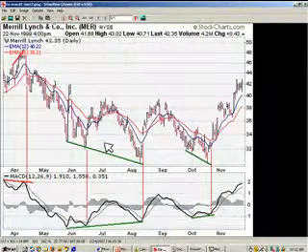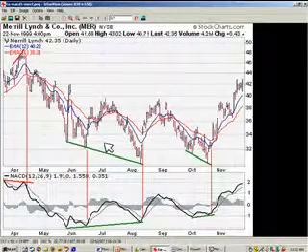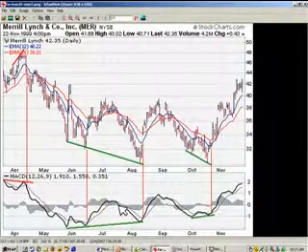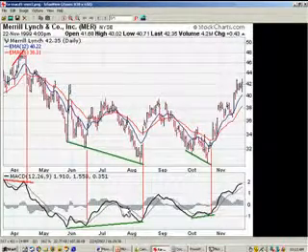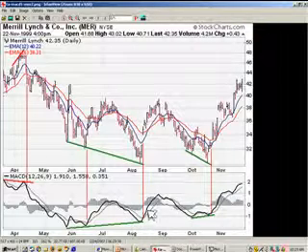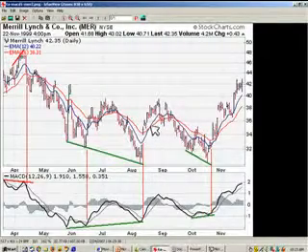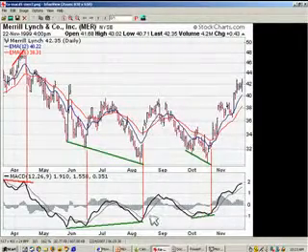Now, remember how MACD is created. The MACD is the difference between the 12-day and the 26-day. So if MACD crosses above the zero line, this indicates that the 12-day has crossed above the 26-day.